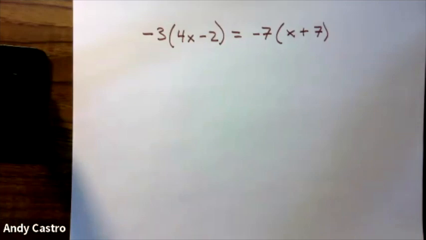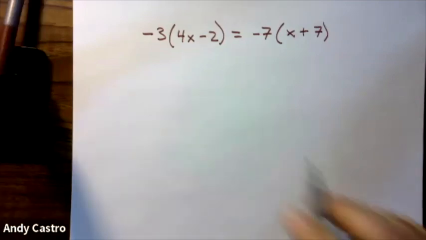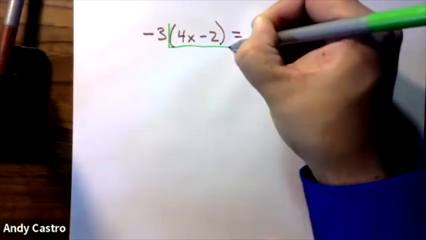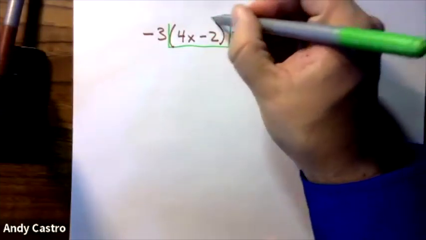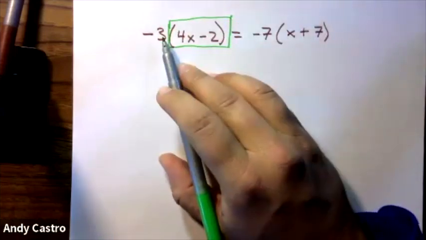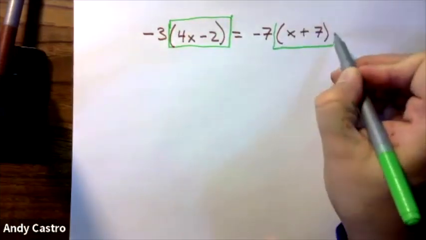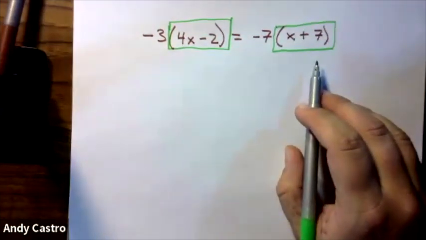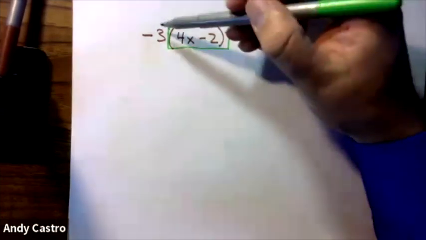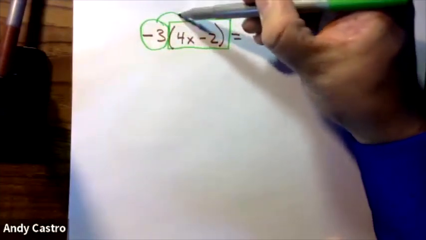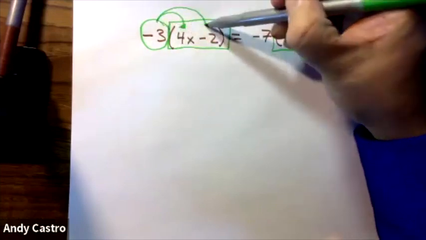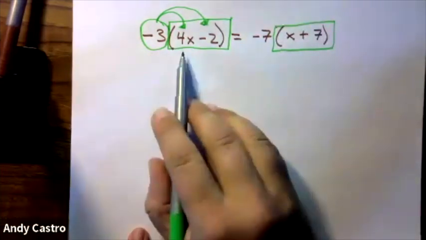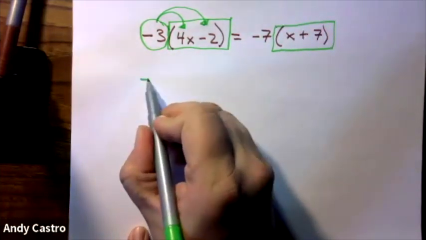So the first thing I'm going to do here, there's nothing I can add or subtract on both sides because I am multiplying this rectangle times a number, and then I'm multiplying this rectangle here times that number. And notice those two rectangles aren't the same. But what I can do is multiply this negative 3 in, and then that'll allow me to drop those parentheses. Negative 3 times 4 is negative 12x.